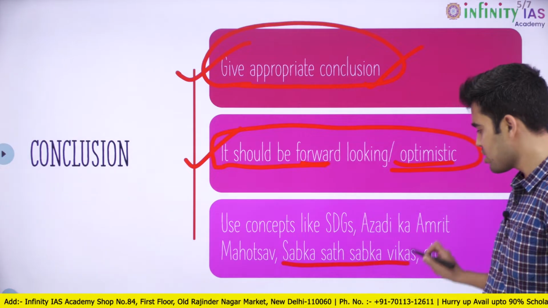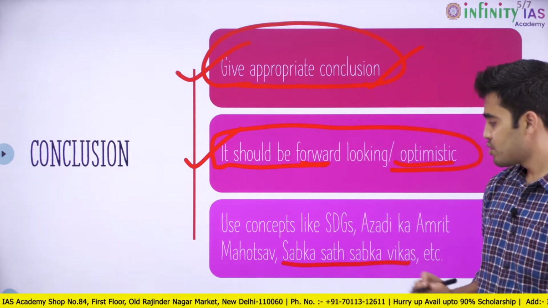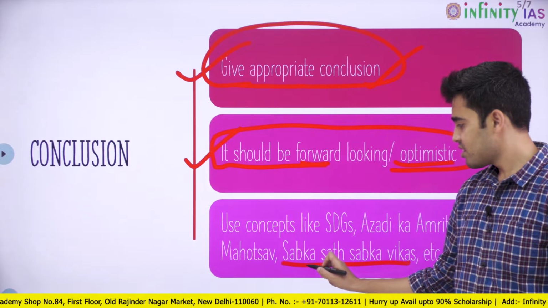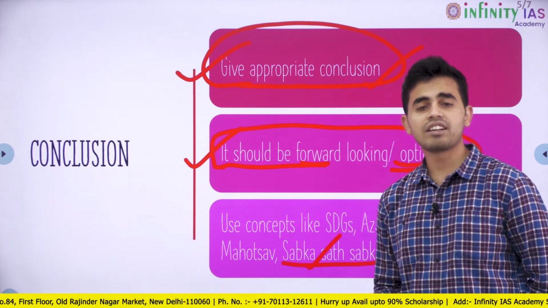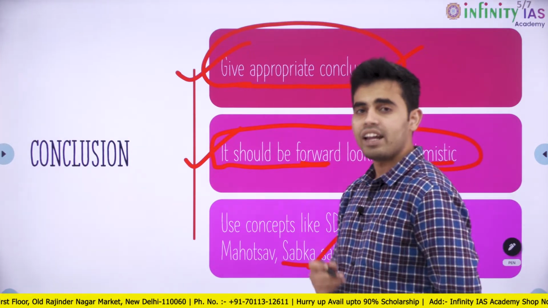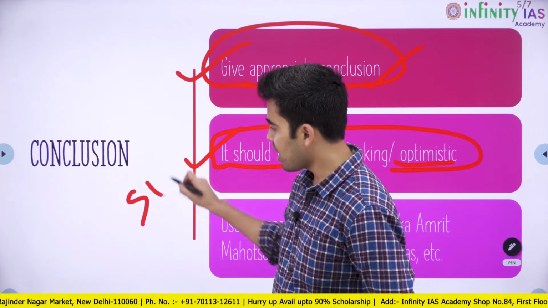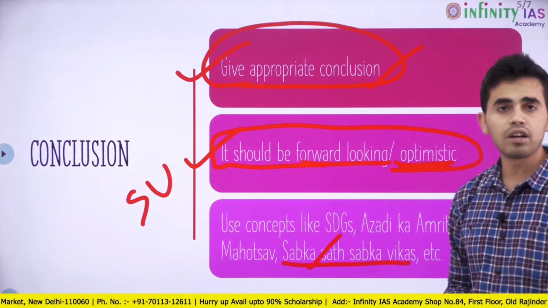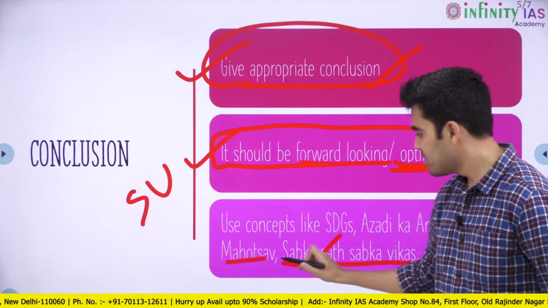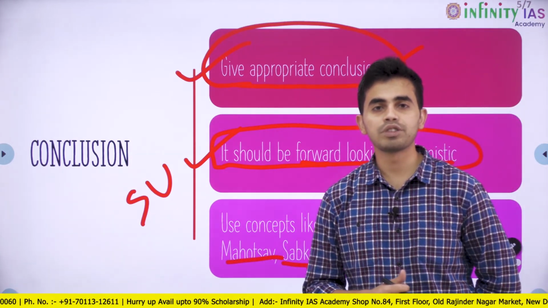Or we can use Sabka Saath Sabka Vikas in the conclusion as well. So we can write the Sabka Saath Sabka Vikas call by the Prime Minister should be incorporated into the urbanization process to achieve sustainable urbanization. Such forward-looking or optimistic conclusions involving these keywords can help increase the quality of the conclusion.